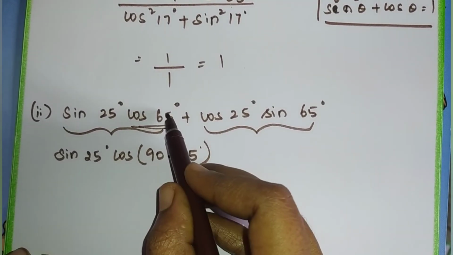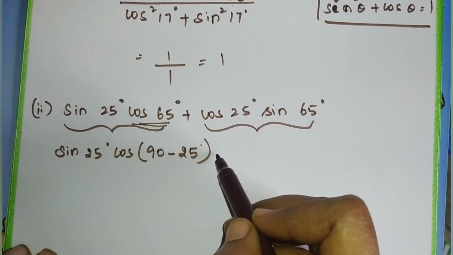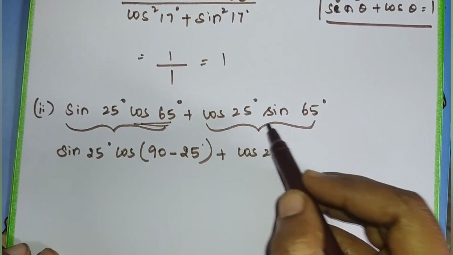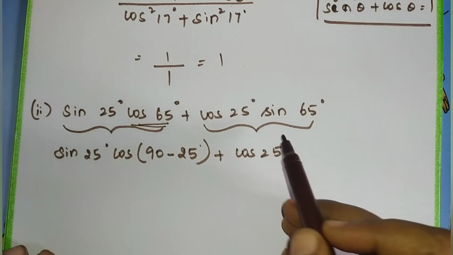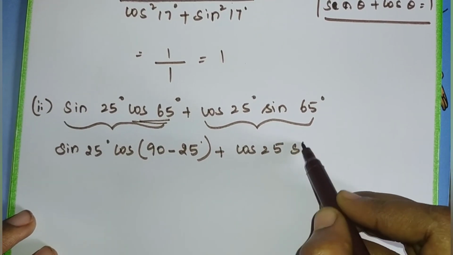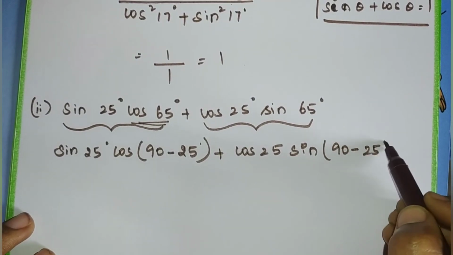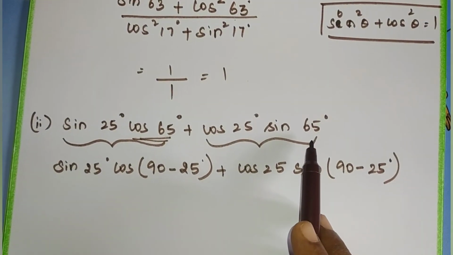Then what will you get? 90 minus 25 is 65. Plus cos 25, keep this as it is, and change this sine 65 into sine of 90 minus 25. Then 90 minus 25 is 65. Clear?